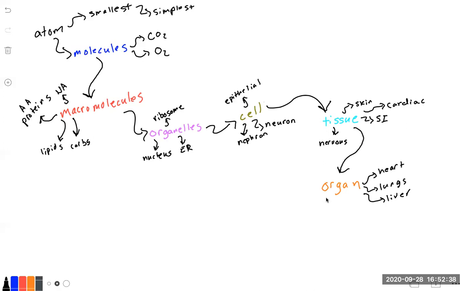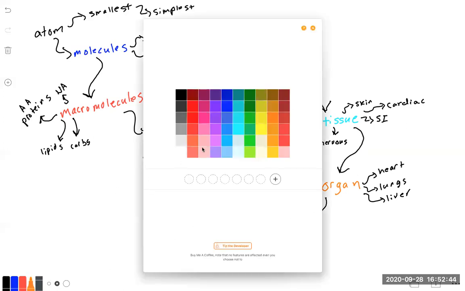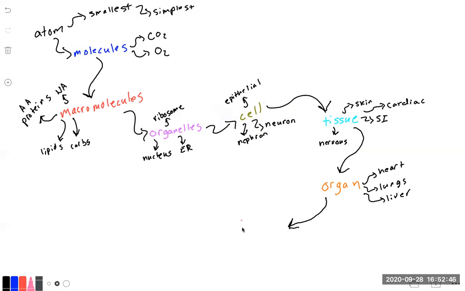So when we go from the organ, there's kind of a stop that applies to some, but not all organs. And that would be the stop of the organ system. So an organ system would be such that the nervous system involves both the spinal cord and the brain.